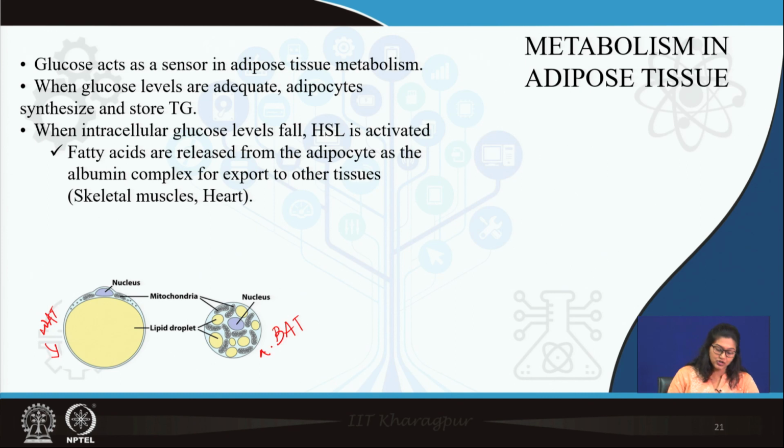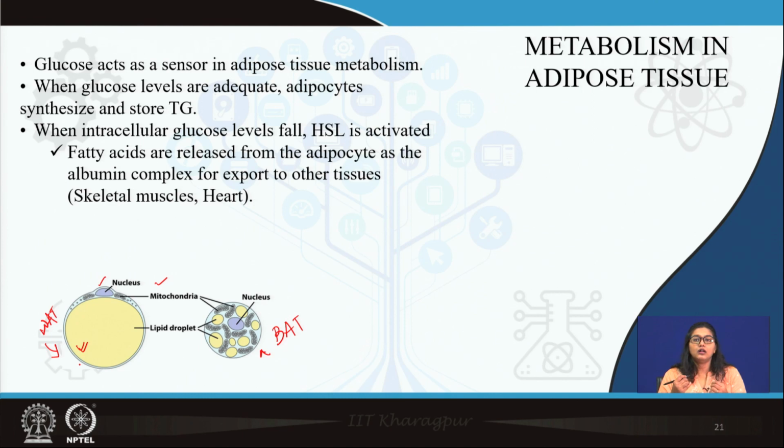In white adipose tissue, as you can see, in all the cells there is one single lipid droplet consisting of mostly triacylglycerol, which occupies around 65% of the cell mass, so much so that the nucleus and mitochondria are pushed towards the membrane, to the periphery, and this fat lipid droplet acts as an energy storage.